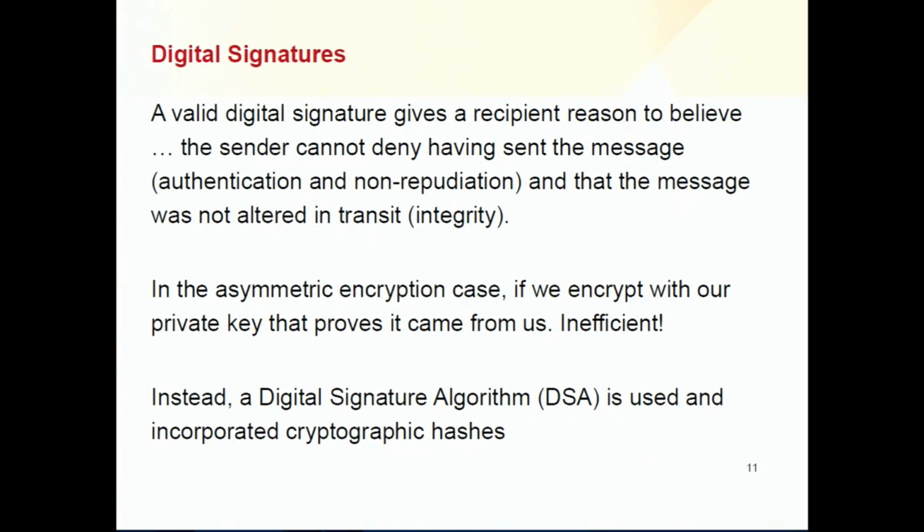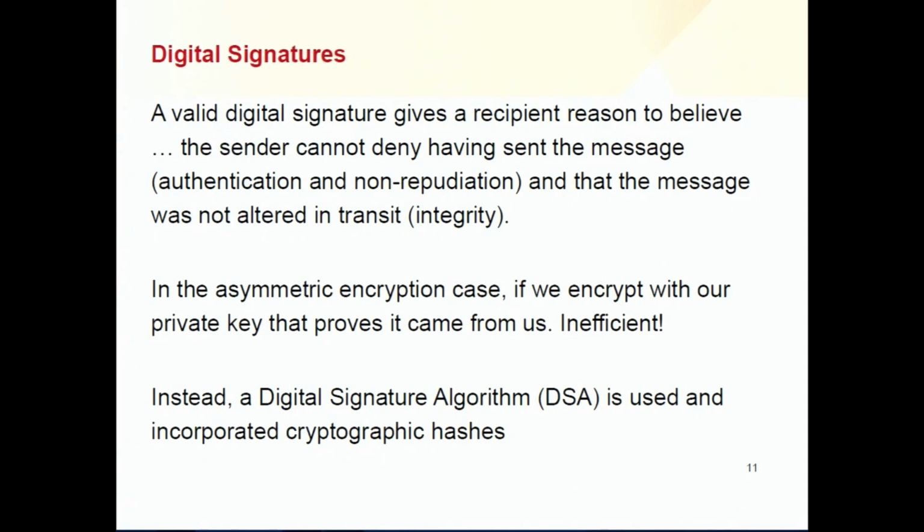So in the asymmetric encryption case, remember the way I, Bob, would send a message to Alice: by encrypting it with her private key, right? Well, I'm sorry, I encrypt it with her public key. And then I know that only she can decrypt it. Now, suppose that I also encrypt the message with my private key.